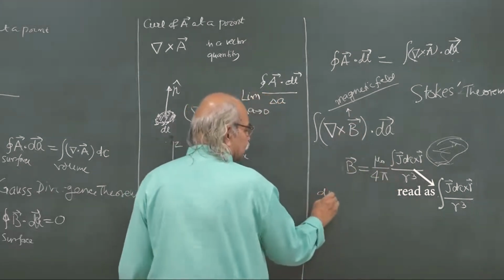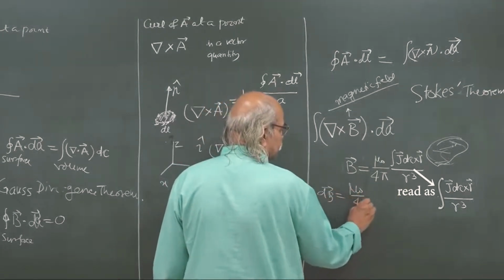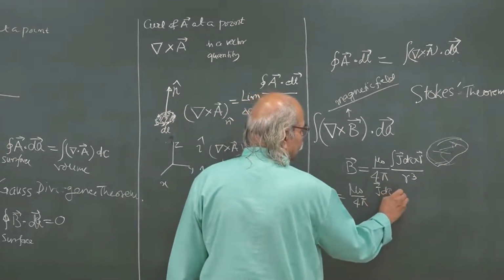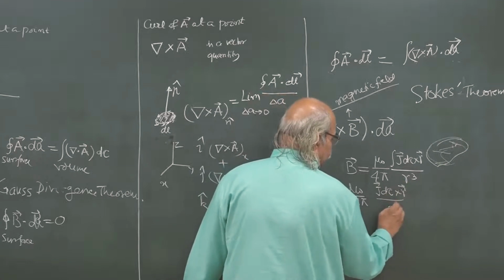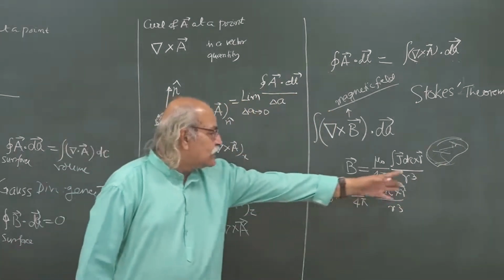Your dB vector was mu naught over 4 pi, then the current element cross R and divided by R cube. And I can remind you what are these quantities.